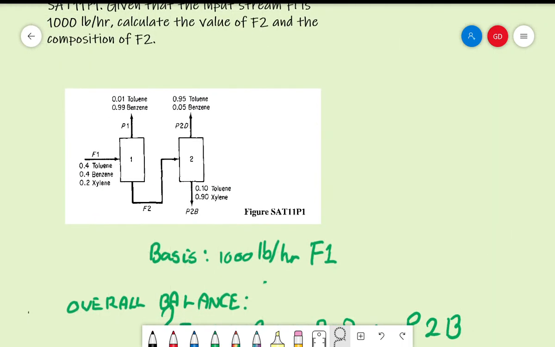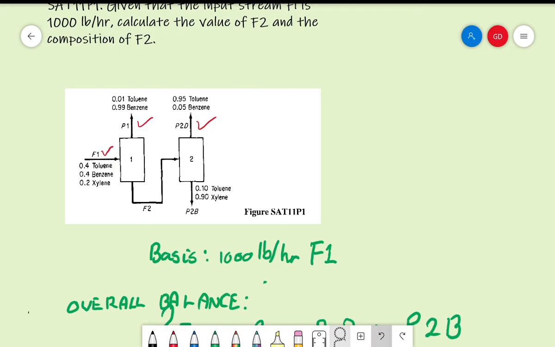Since now we know P1, F1 we know, P1 we have, P2D we have. So we can actually conduct a balance around this unit to get F2, or we can conduct a balance around the second unit to get F2. That's still fine.